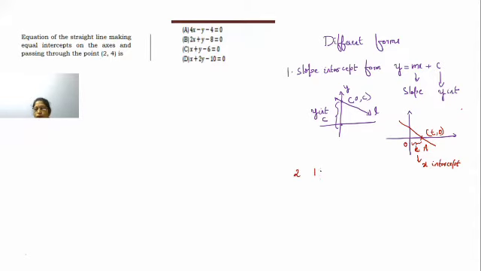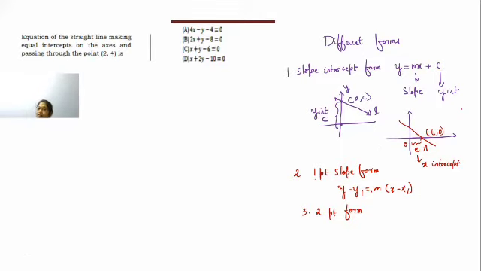Then one point slope form. What is one point slope form of a line? y minus y1 is equal to m into x minus x1. And you have two point form. To determine the equation of a line, you need two parameters. Here we have a point and a slope. Here we had the slope and the y-intercept.